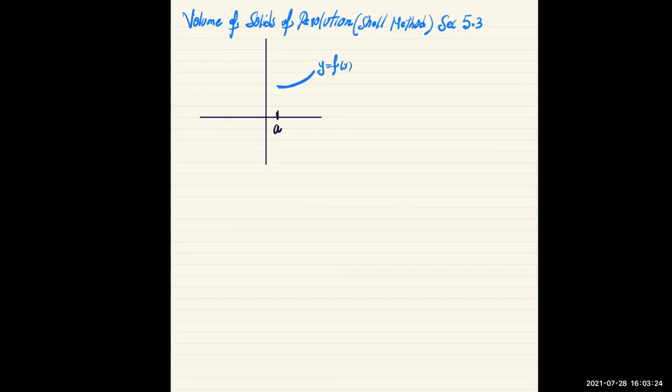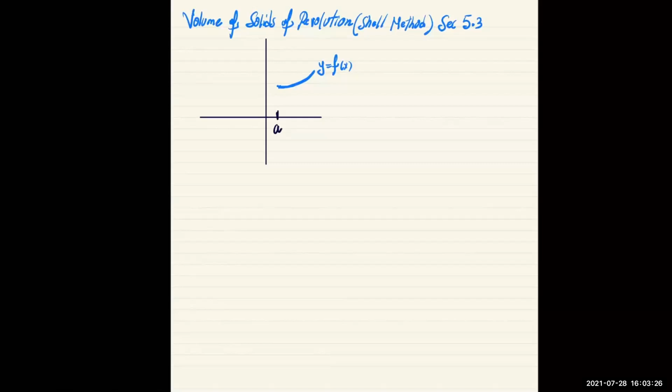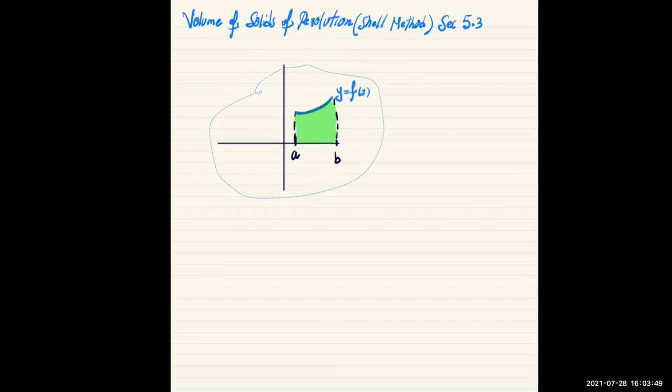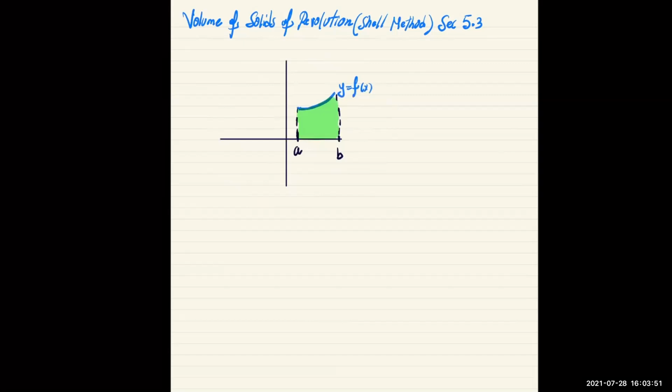It goes from a to b, like that. So here is our region, and this region is revolved around, let's go with just the y-axis. So this is the axis of revolution.